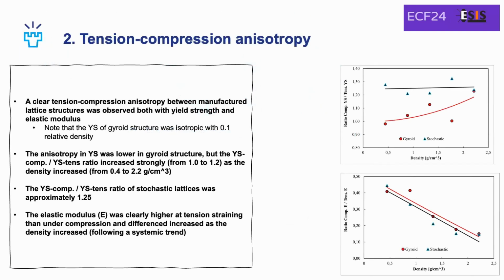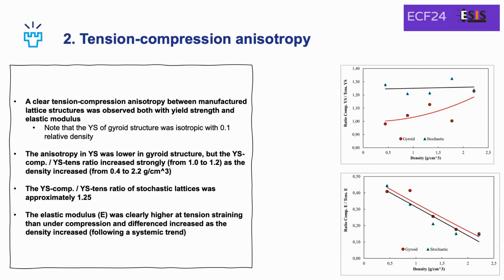When we think about the tension, compression, anisotropy, I collected the yield strength and the elastic modulus here. And when we have different structures, we see completely different behavior in yield strength. With the gyroid structures, with the lowest densities, we almost had isotropic structures between compressive and tension properties.